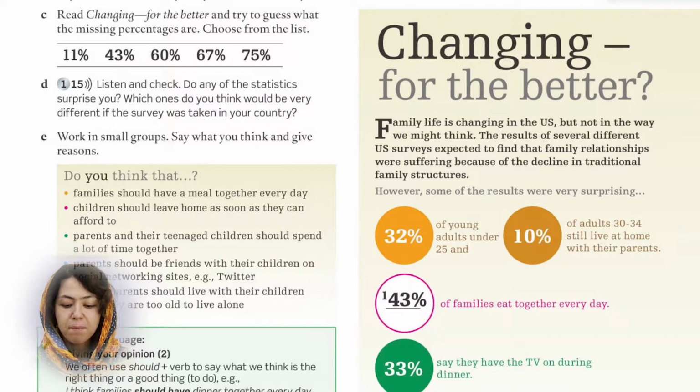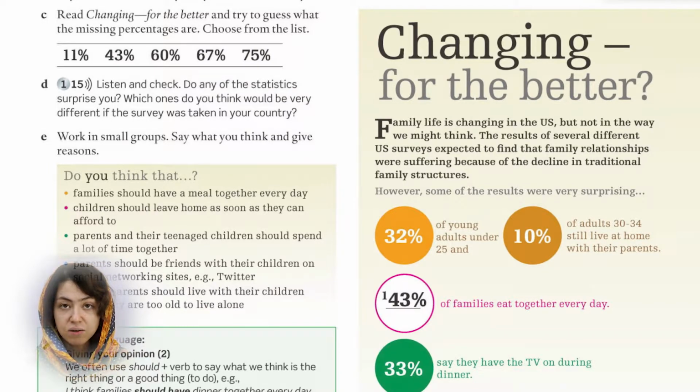So let's go to the text. Changing for the better. Let's go. Family life is changing in the US, but not in the way we might think. The results of several different US surveys expected to find that family relationships were suffering because of the decline.